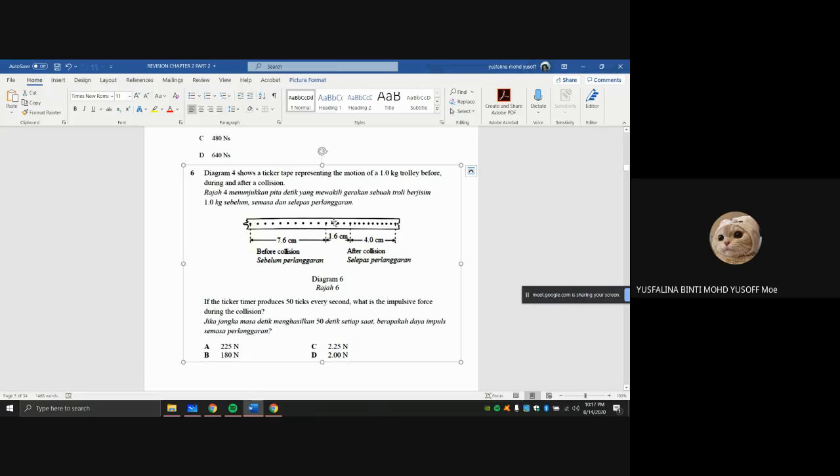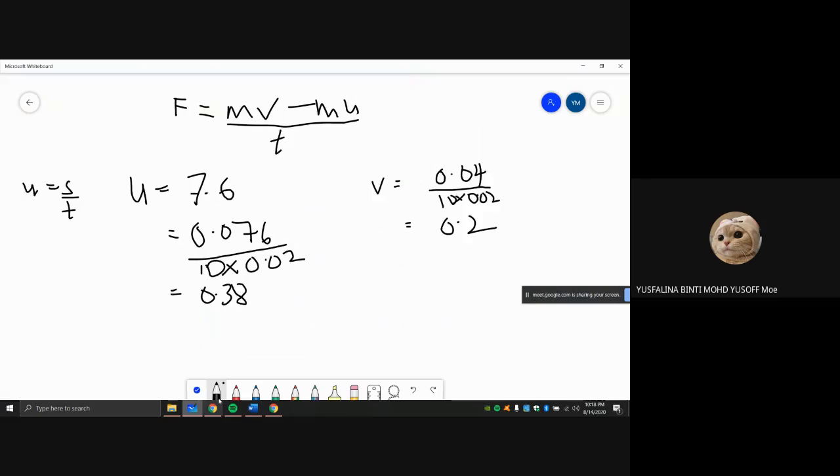So 1, 2, 3, 4. The time here is 4, 4 multiplied by 0.02, so you got 0.08. Now you have already got mass, velocity, and U, you've got full info already.